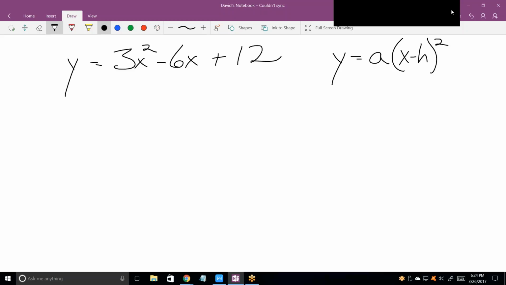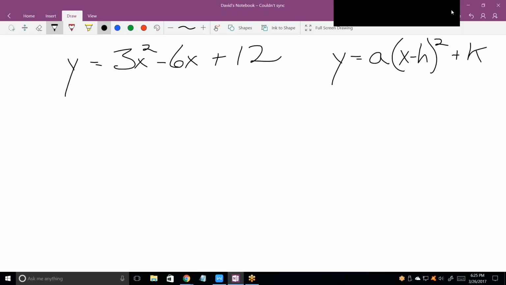The reason this is so valuable is because H and K are the vertex. So if you have a quadratic in vertex format, then you immediately know the most important point on that parabola, which is the vertex. There's very few other points that are even worth mentioning, but knowing where the vertex is is gigantic on any quadratic.